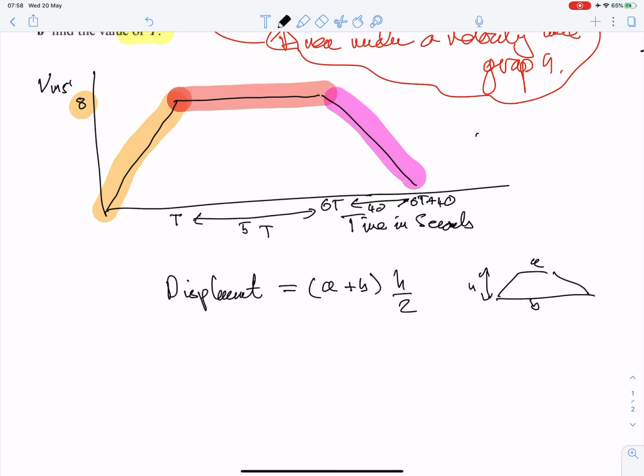So we now substitute in a. Parallel side is 5t plus, so that was the red that we had up here. And then we're going to have this section along the bottom, which we know is 6t plus 40.